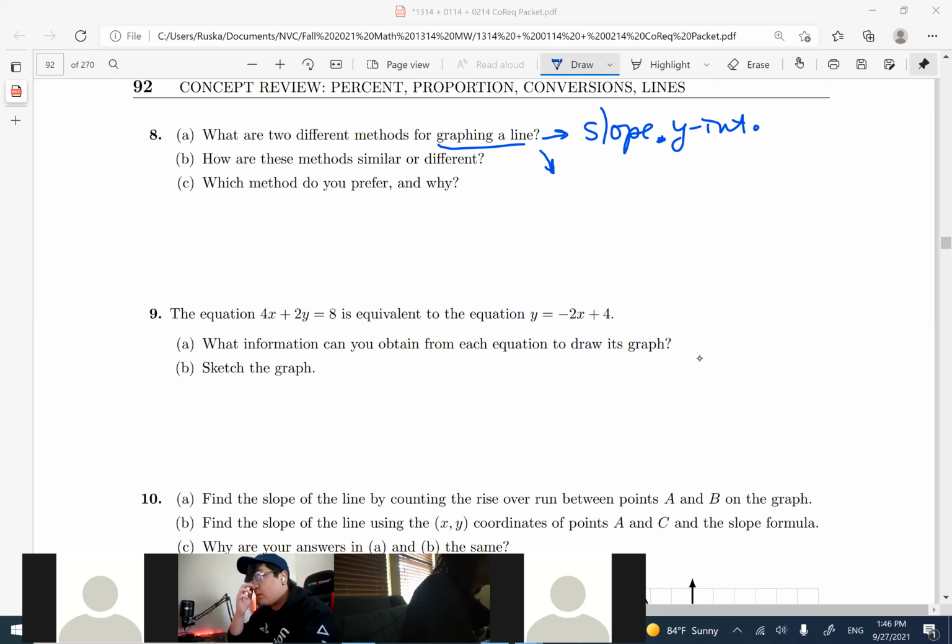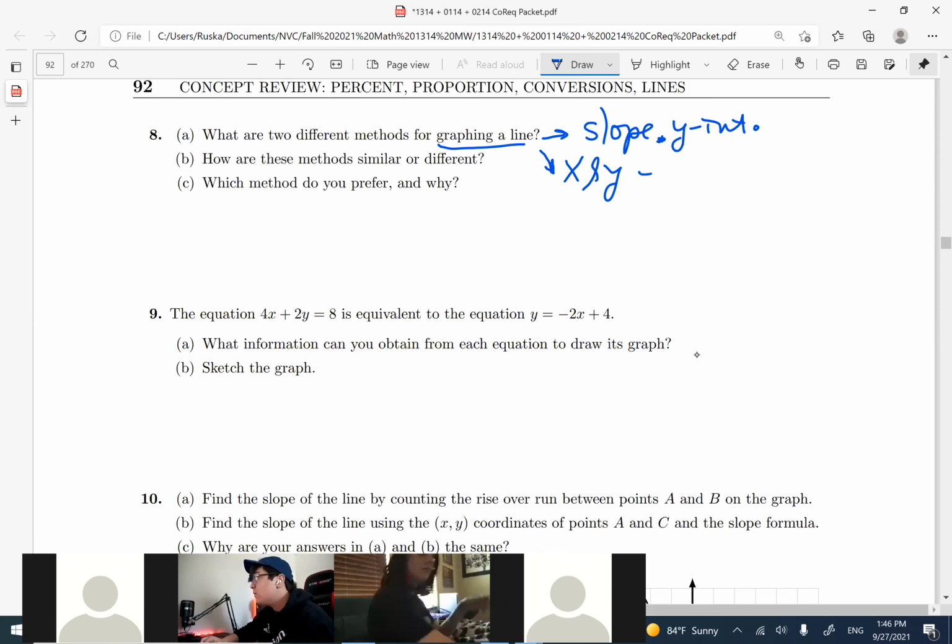Which points? The x and y intercepts. Technically you can say there is another method if you use any 2 points, but it's easiest if you use one of those 2 methods.